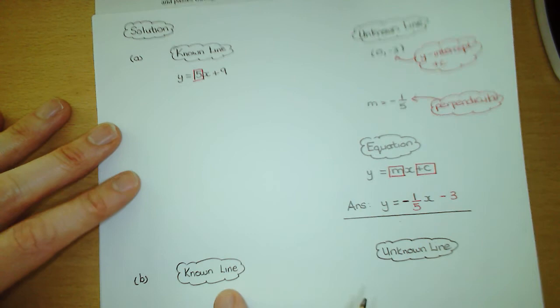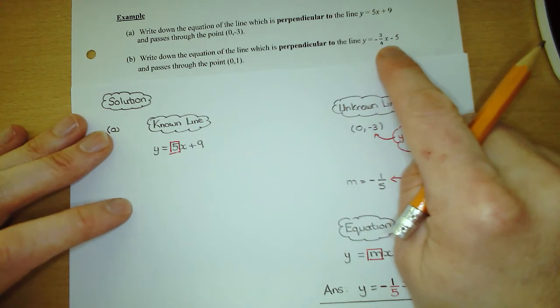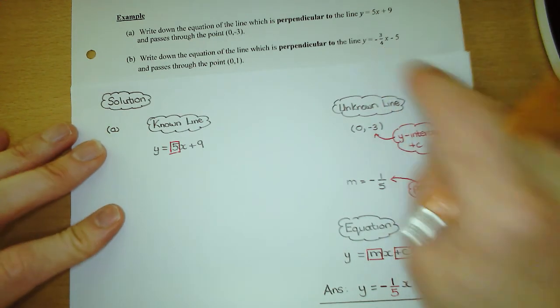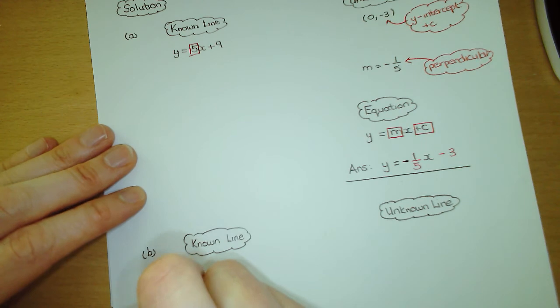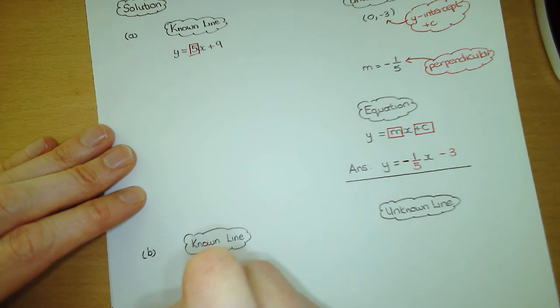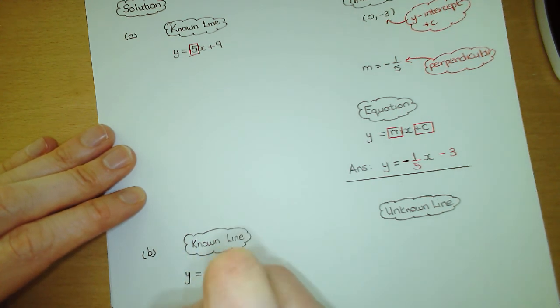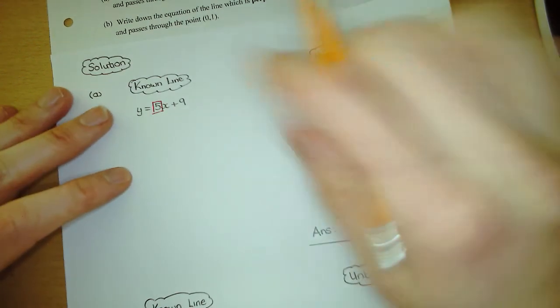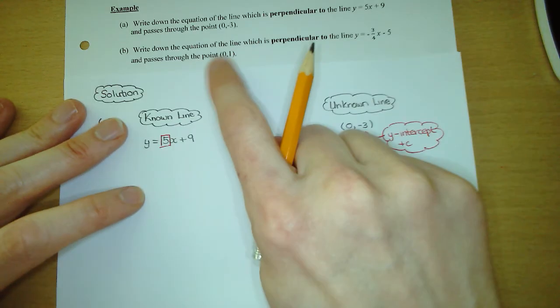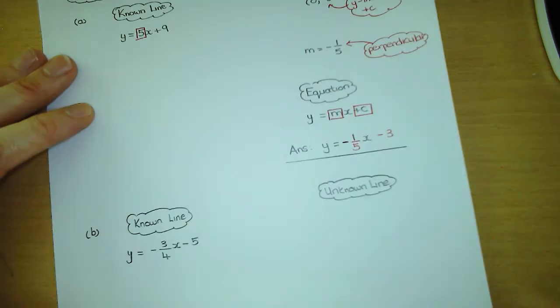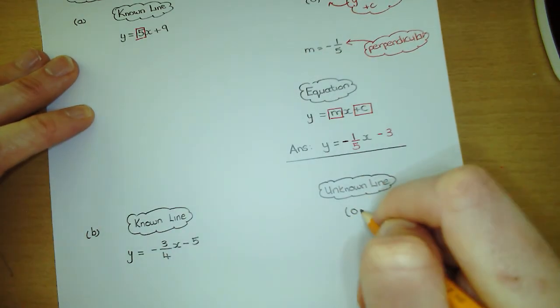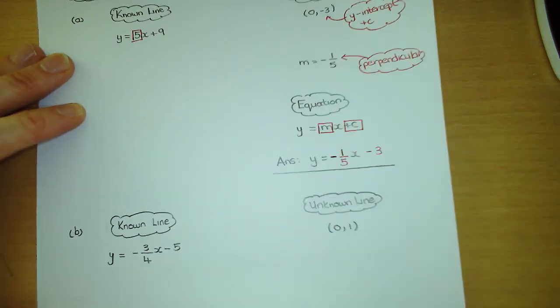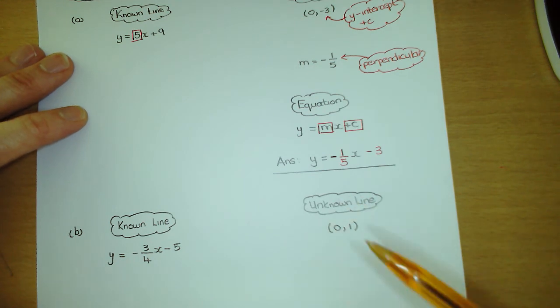Okay, first of all, the known line is the one that's given in the question, so y equals -3/4 x minus 5. And we know that the unknown line goes through the point 0, 1. Again, to get the equation of any line, you need to know the y-intercept and you need to know the gradient.